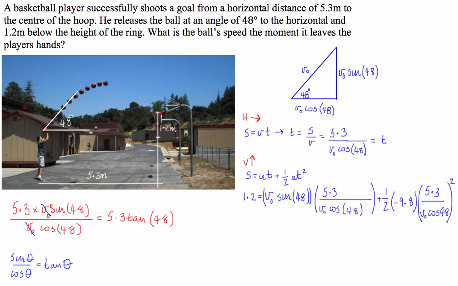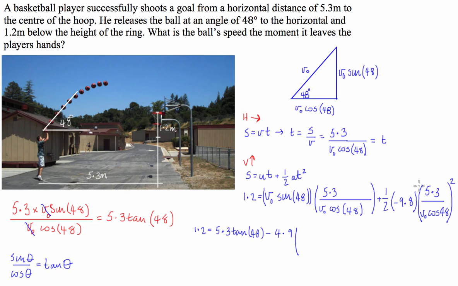So let's go back to blue and keep this equation going. We're going to have 1.2, and like we just worked out, is equal to 5.3 tan of 48. And then we've got half of negative 9.8, which is negative 4.9.